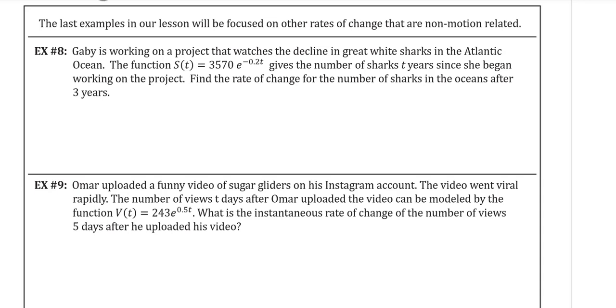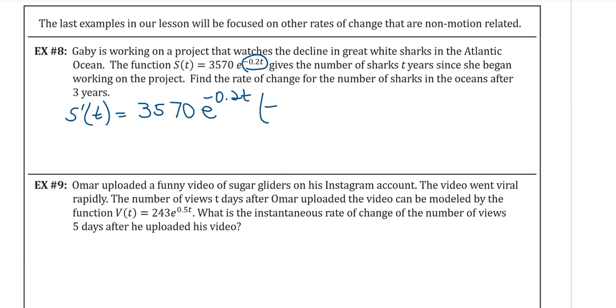So if we want the rate of change, we definitely want the derivative. So we're going to find S prime of t. We're going to keep our constant. We're going to take the derivative of e, which is e. And then this is going to be a chain rule because that exponent is itself its own function.